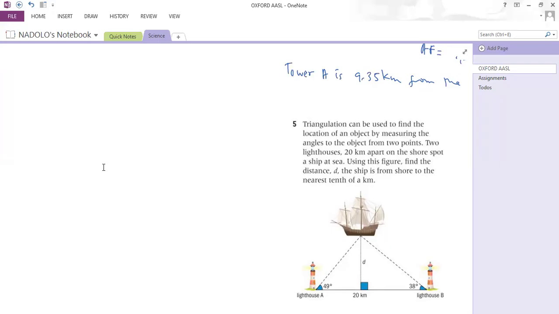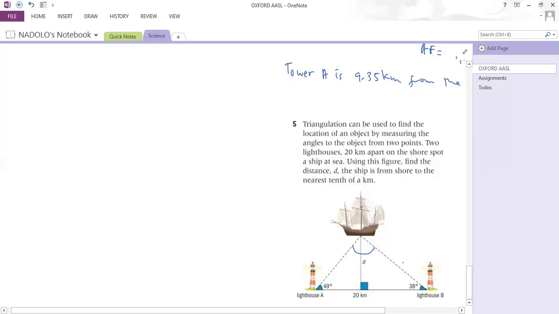All right. To find distance D, we can use the sine rule. So we can get the angle here that faces the 20 kilometers.